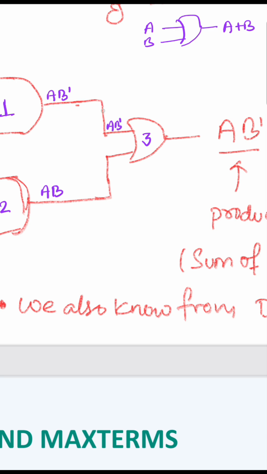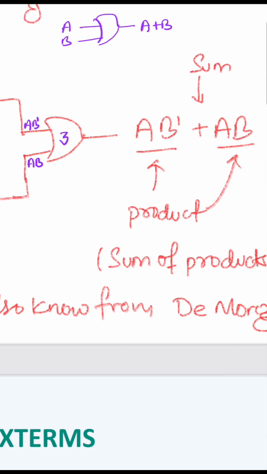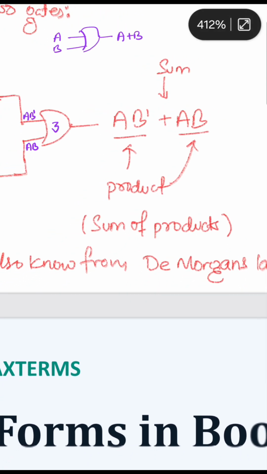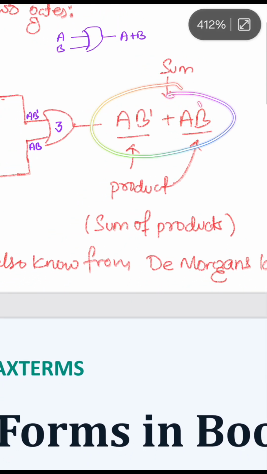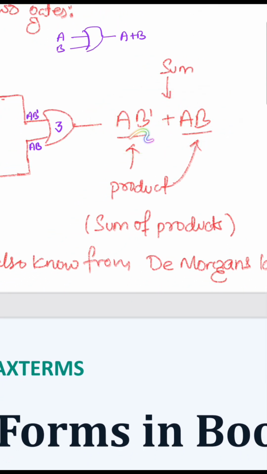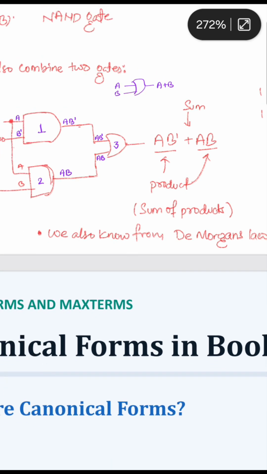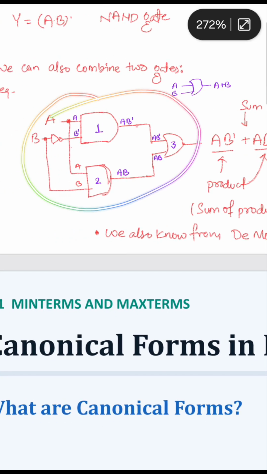Just follow the wire. Okay, and other input is A B, so the output would be definitely the sum of both the inputs, which I have written here. Okay, the output would be sum of both the inputs. Here we can clearly see one complex Boolean expression, and this is the output of our combination of logic gates.